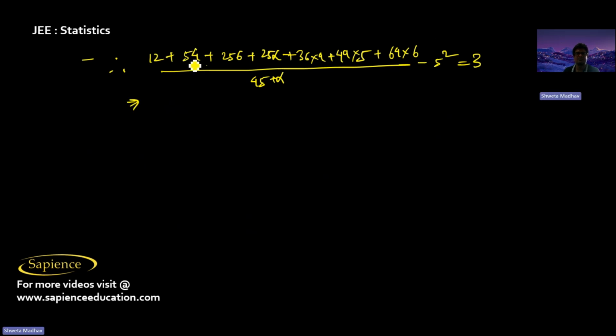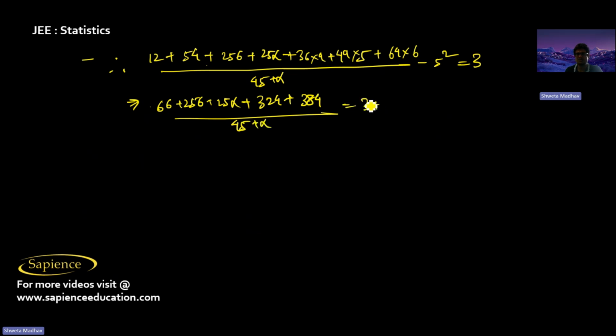Therefore, I can say 36 into 9 is 324. This is 12 plus 54, that is 66, plus 256, plus 25 alpha, plus 324, plus 64 into 6 is 384, divided by 45 plus alpha, that is equal to 3 plus 25, that is 28.